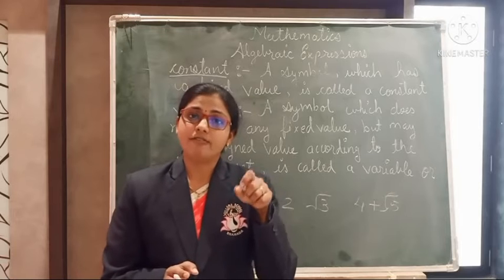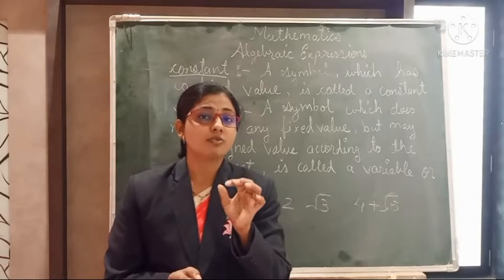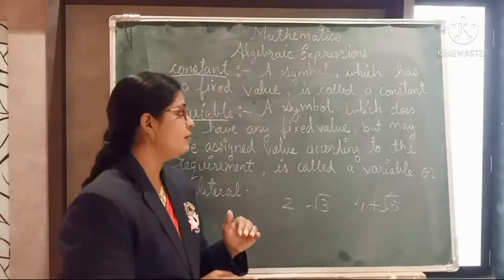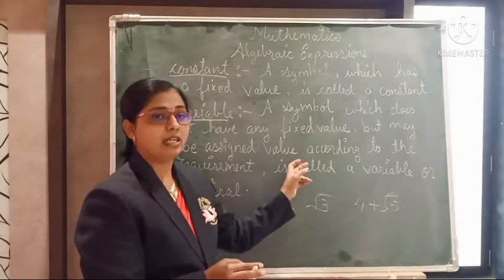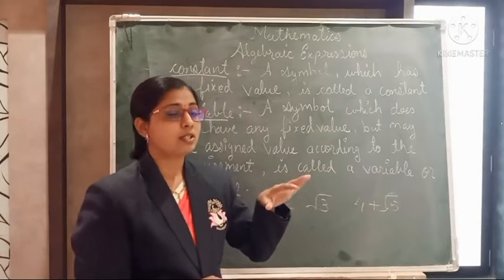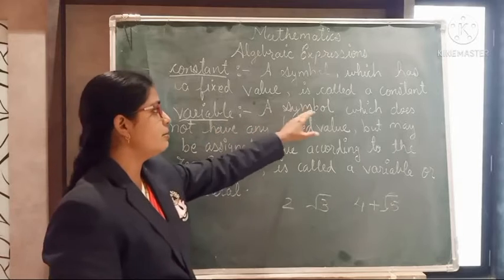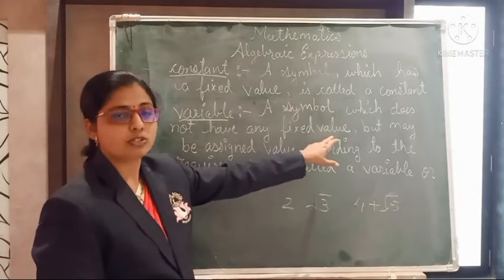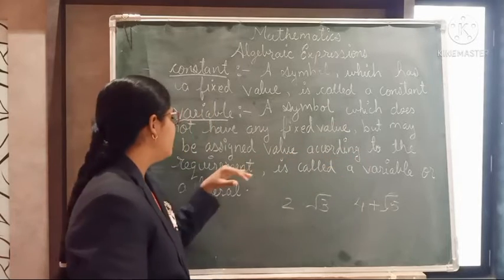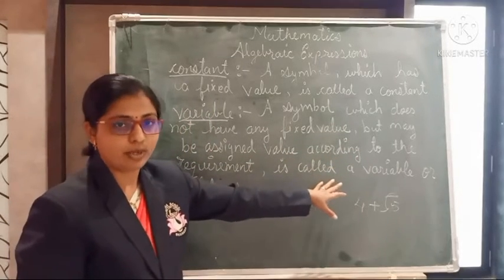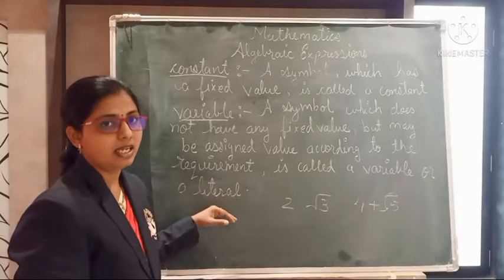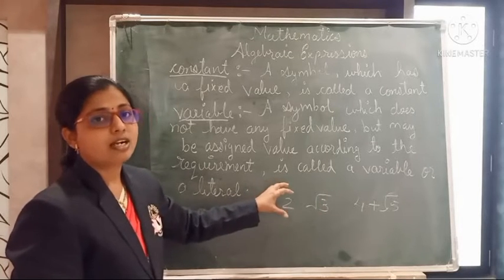So any symbol which varies is known as a variable, and it will be assigned a value according to the requirement of the example. A variable is a symbol which does not have any fixed value but may be assigned a value according to the requirement, or we can call it a literal. The meaning of the word literal is alphabets which vary.